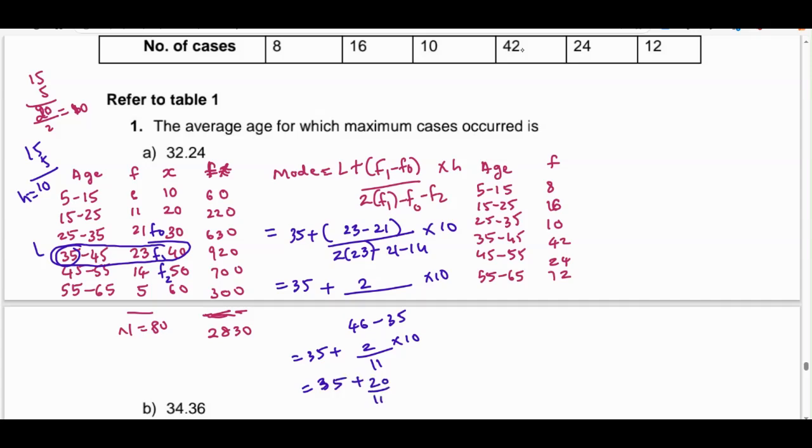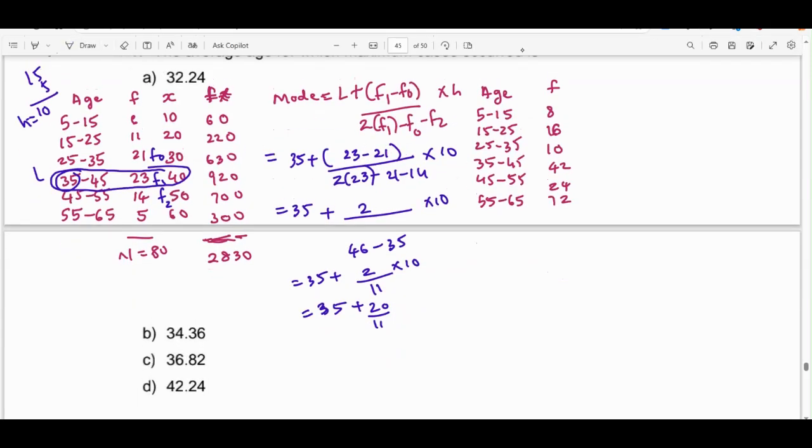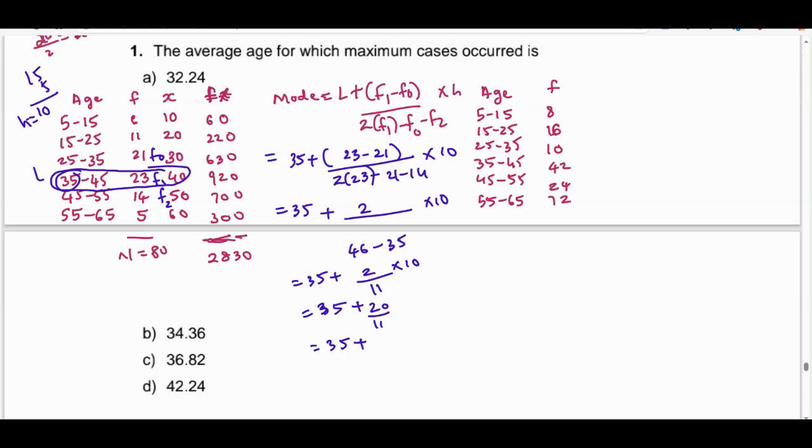That is nothing but, you get 35 plus 20 by 11. You have to find 20 by 11 by dividing it.